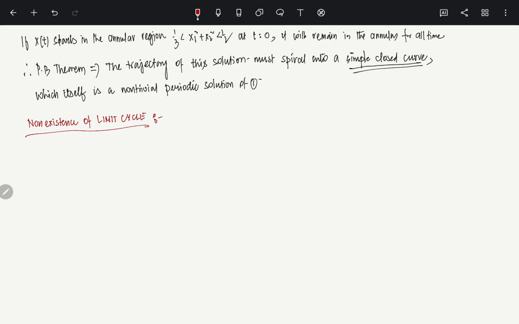Non-existence of limit cycle. To this end, we are going to prove something, maybe we can prove it, it's not very difficult to see. It's called the Bendixson theorem. It's the same Bendixson as in Poincare-Bendixson. So what does the theorem say? It's a very easy theorem.